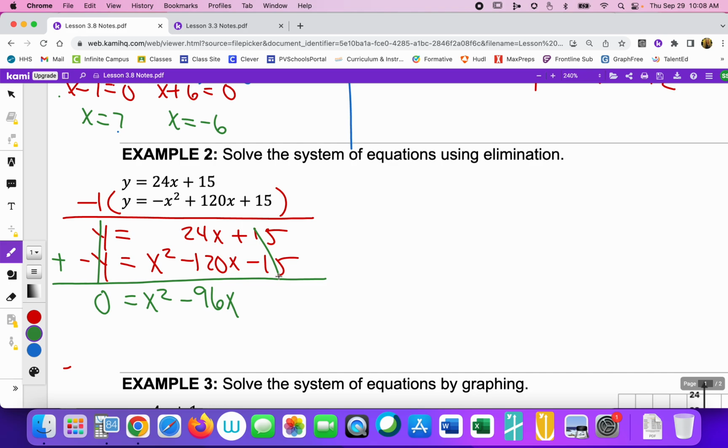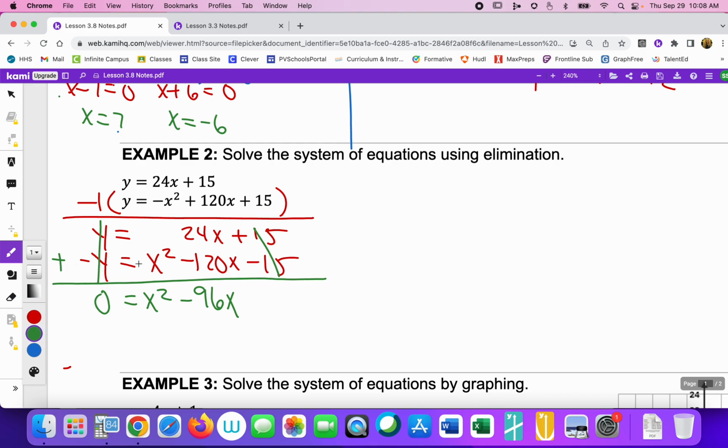Okay. If it says solve algebraically, you can pick either method. So if you want to do substitution every time, by all means, the answer should come out the same. But I want to give you options. Okay. But yes, you could just set these two equal to each other. You should get the same equation. Okay. So you do have permission to use either, unless it says use elimination. Okay. Most likely, I will let you pick.